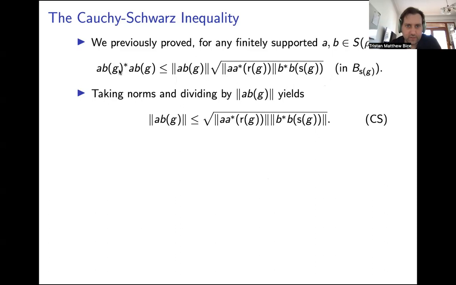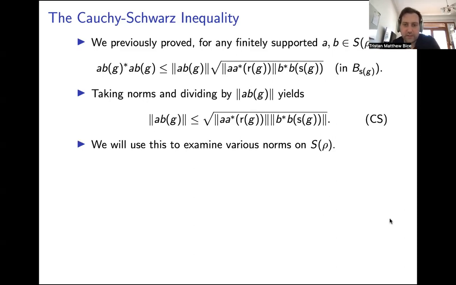So if we take norms here and apply that, we see that we have the norm of A*B at G squared on the left, right? And then likewise, this B star B becomes normed. But then we can divide through by one of the norms of A*B at G and end up with this nicer, simpler inequality here. So this is the Cauchy-Schwarz inequality we will need to get started today.